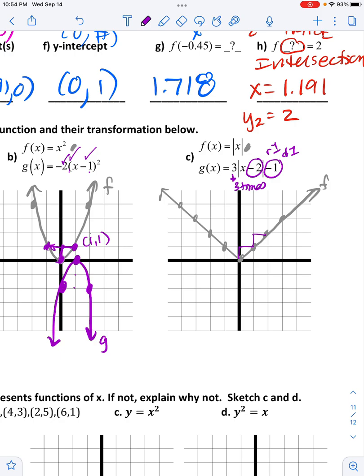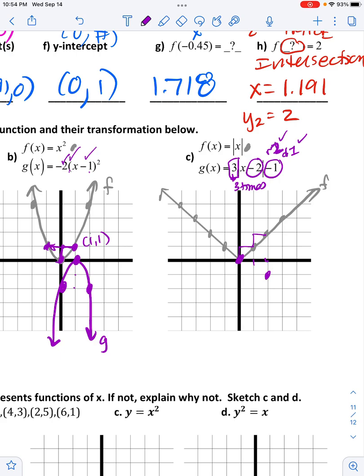So I'm going to take my vertex because that's the easiest point to move. And I'm going to move it to the right 1, right 2, and then down. That is my vertex. I'm not flipping it over. I did the down 1, right 2. Now I just have to multiply my sides 3 times taller.